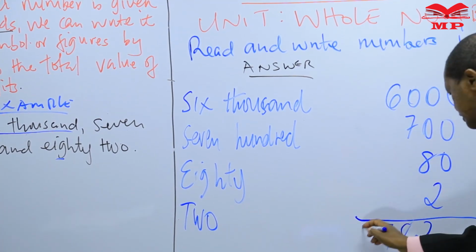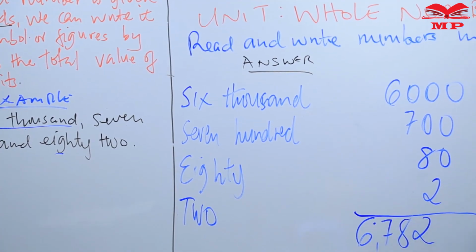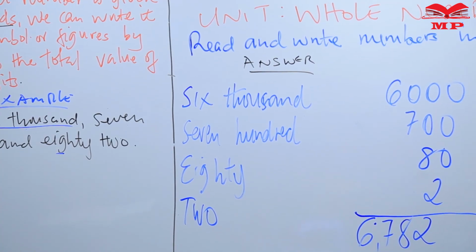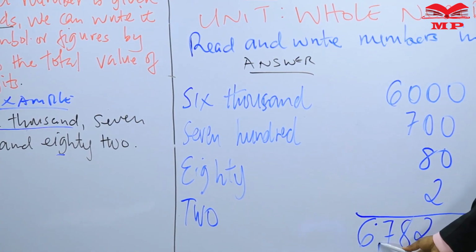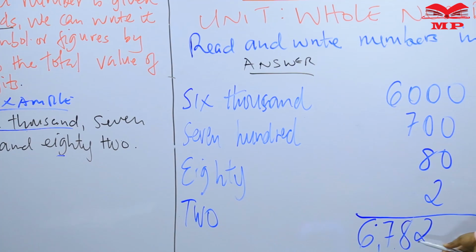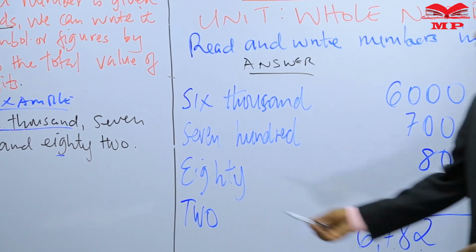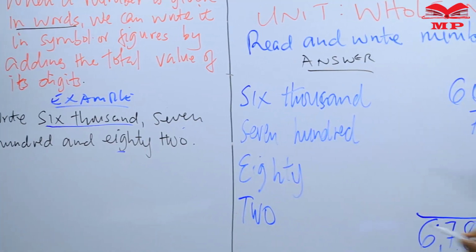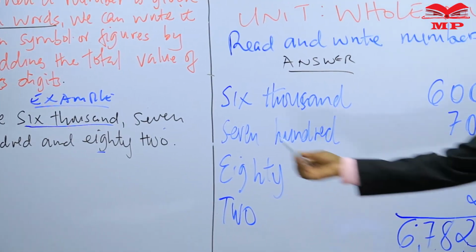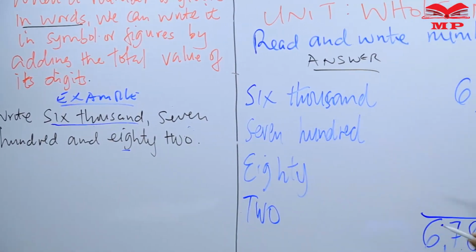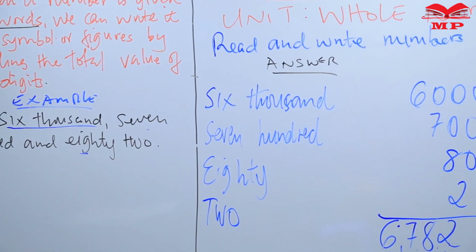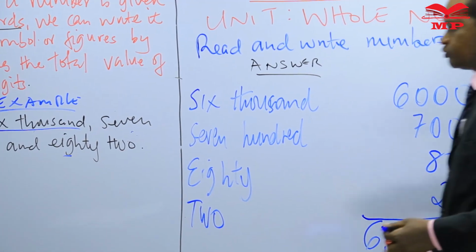Then 6. So you can see this is 6,782 in symbols. These are words, these are figures. That is example number 2.